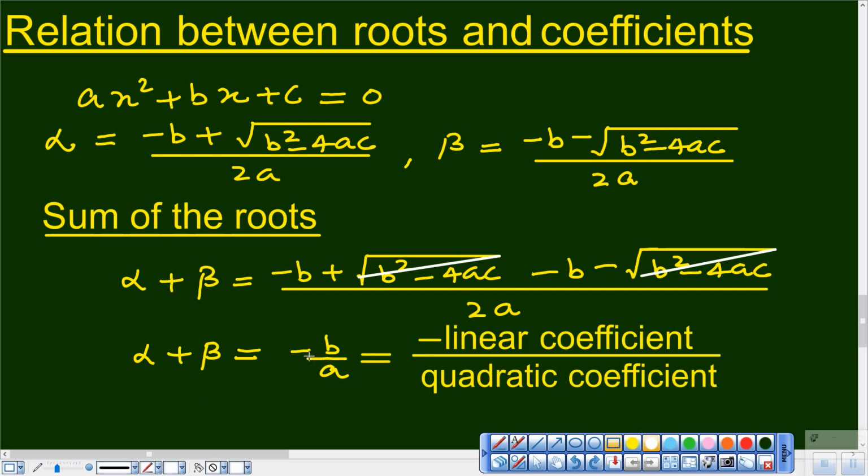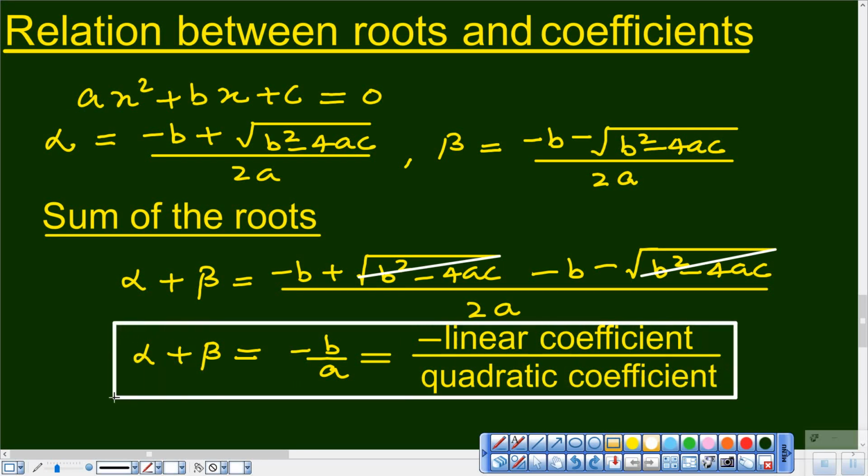That is minus the coefficient of linear x with a minus sign, upon the quadratic coefficient. So this is the relation between roots as far as the sum of the roots is concerned, right?